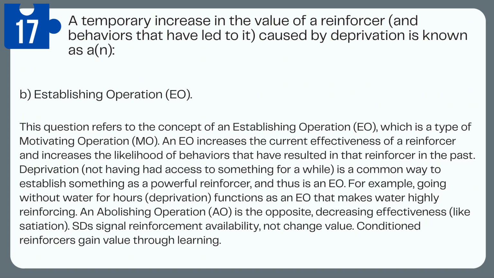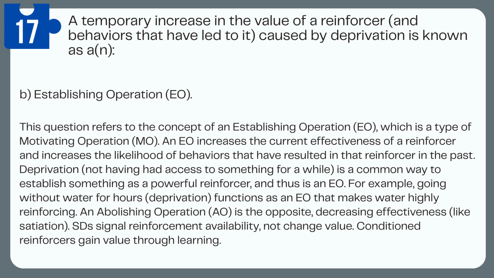Answer: B. Establishing operation, EO. This question refers to the concept of an establishing operation, EO, which is a type of motivating operation, MO. An EO increases the current effectiveness of a reinforcer and increases the likelihood of behaviors that have resulted in that reinforcer in the past. Deprivation, not having had access to something for a while, is a common way to establish something as a powerful reinforcer, and thus is an EO.